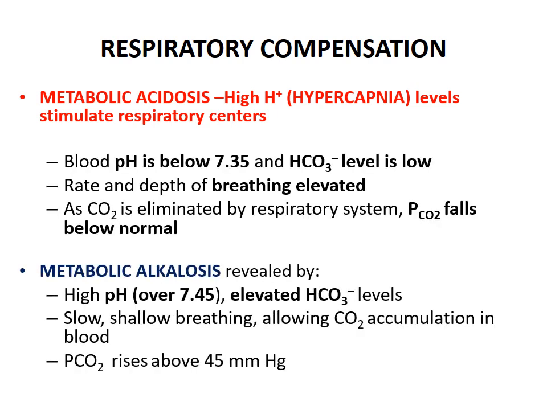Blood pH is below 7.35 and bicarbonate level is low. Here you can see that the rate and depth of breathing is elevated, then the carbon dioxide is eliminated or washed off from the respiratory system, then PCO2 falls below the normal range.